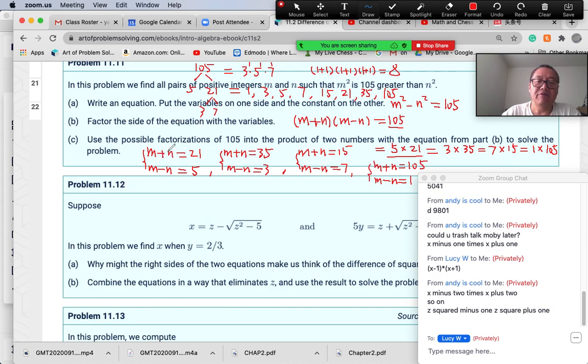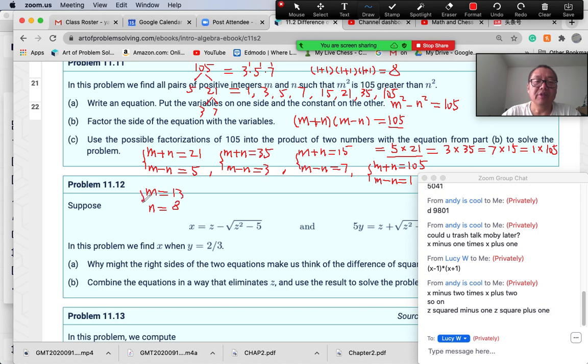Now let's solve them one by one. For the first, if we add the two equations together, we get 2m equals 26, so m equals 13, then n equals 8.